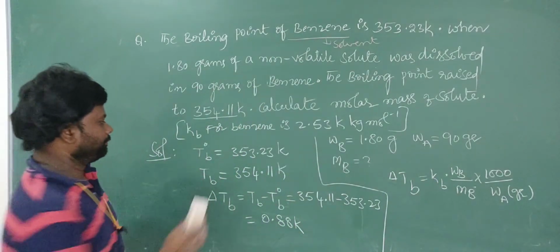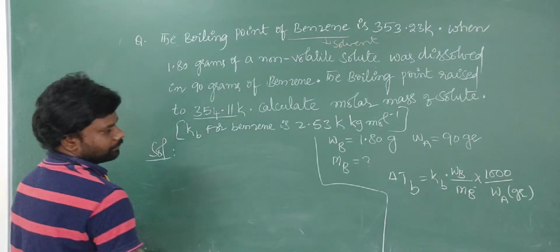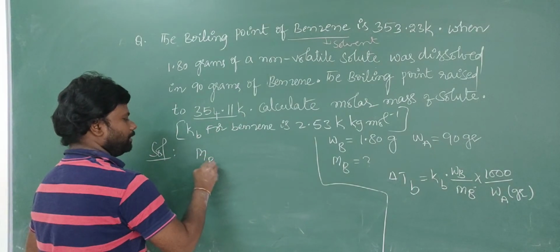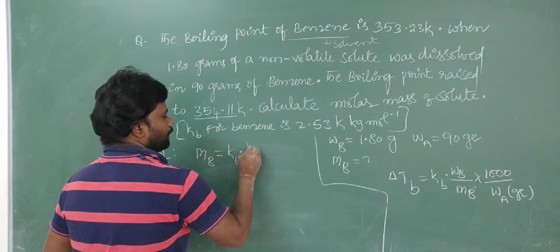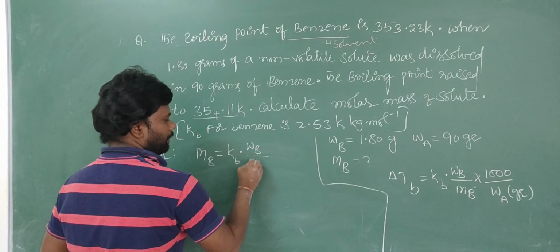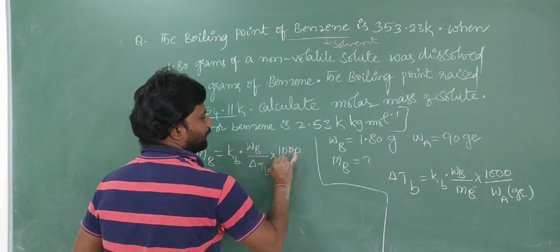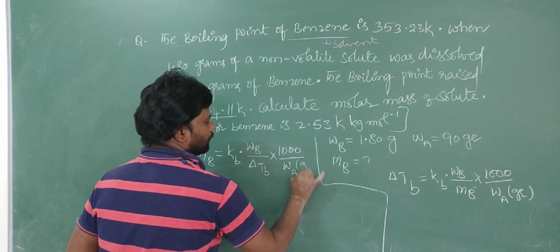So MB is equal to Kb into WB by delta TB into 1000 by weight of solvent in grams.